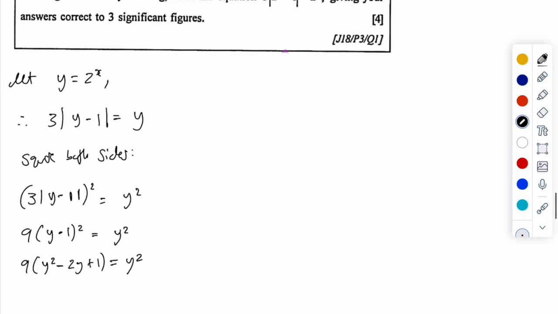And so we've got 9y squared minus 18y plus 9 is equal to y squared, okay? So we can simplify this. We said we've got 8y squared minus 18y plus 9 is equal to 0.